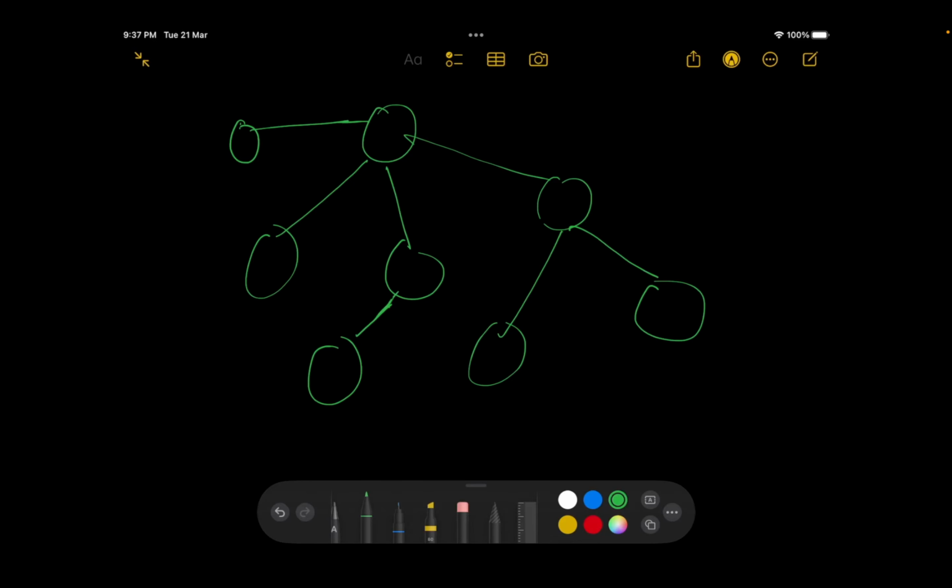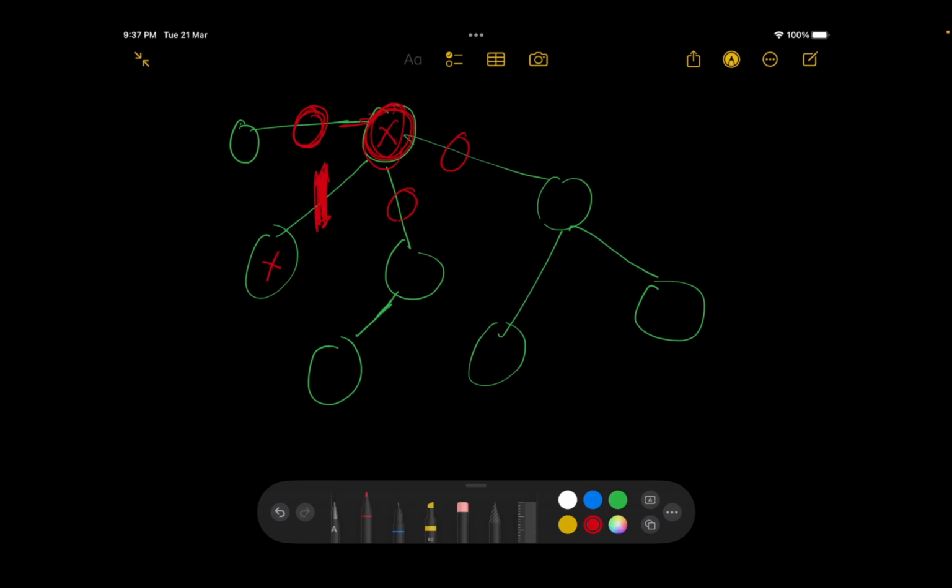Now I need to find the maximum matching, and the matching is defined as that. Let's say if I pick a particular edge, right? So let's say I pick this particular edge. That would mean that this node and this node are consumed. So any edge that is now connected with these two nodes cannot be included in my final answer. So if I include this, then I cannot include this or this or this, because these edges share an endpoint with this particular node. So this can't be used.